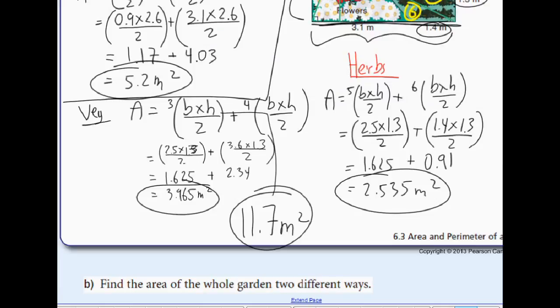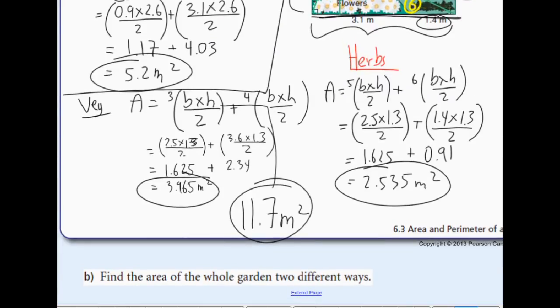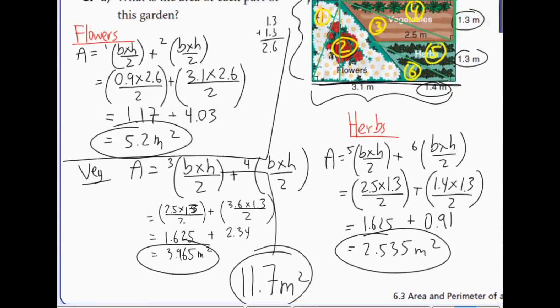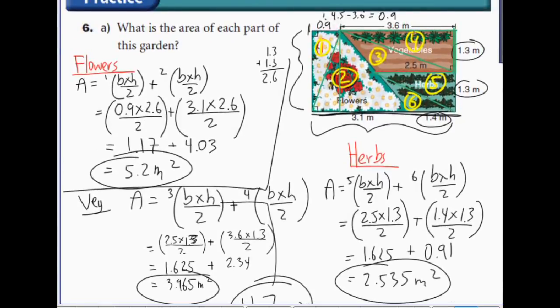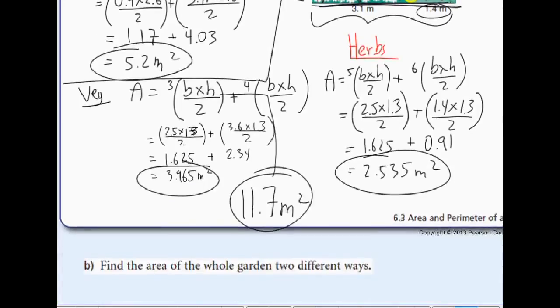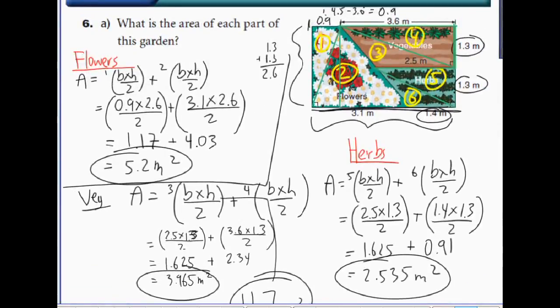Wow, phew. Now they asked to find the area of the whole garden in two different ways. So one way was to add up the different parts. But the other way would simply be to do the length times the width. So the whole garden, we would just do length times width. So our width here is 2.6, and our length is 4.5.